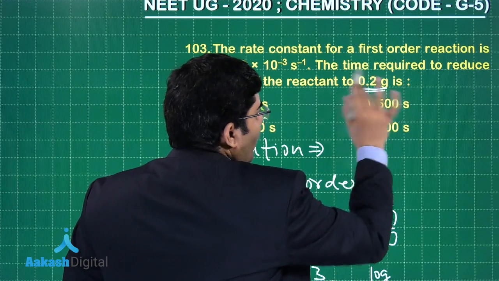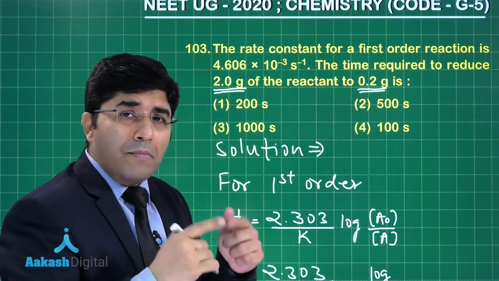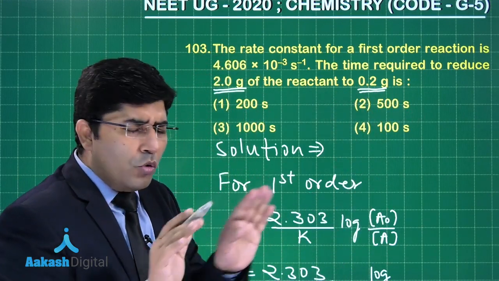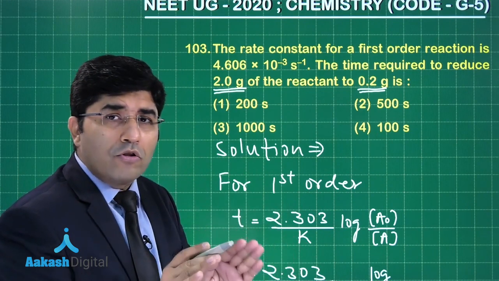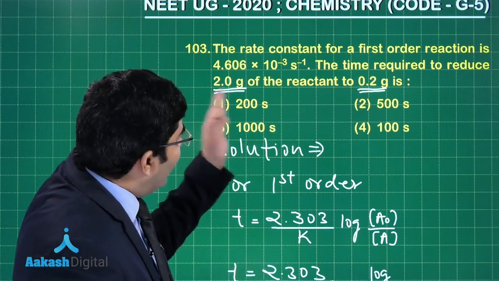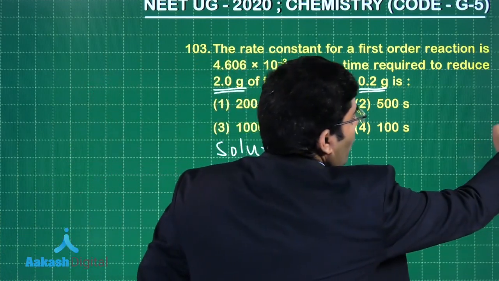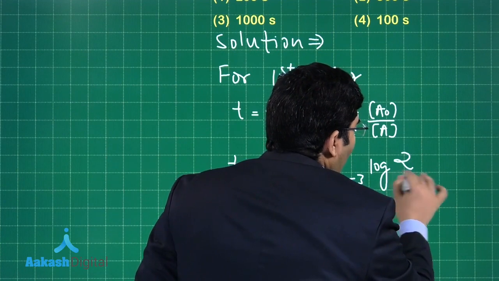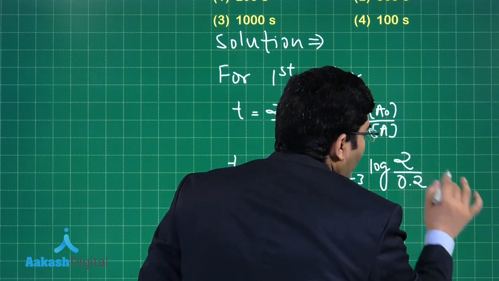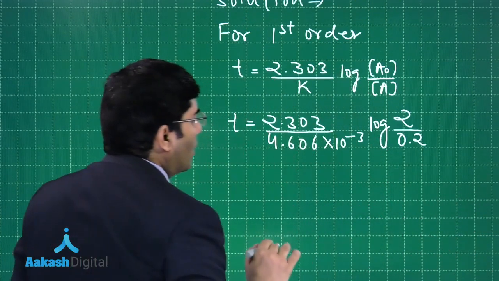This is also a weight of substance, but the molar mass is the same, that will cancel out. No need to find out the number of moles, no need to take volume because volume will also cancel out. We can directly write the initial weight and the final weight. So the initial weight is 2 gram and the final weight is 0.2 grams, right?